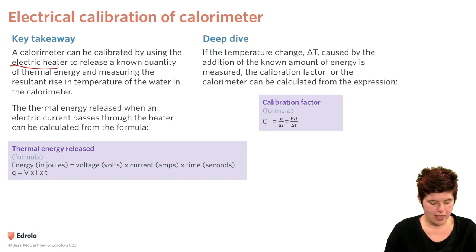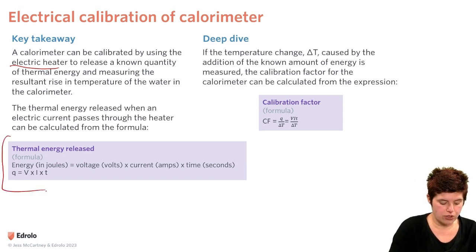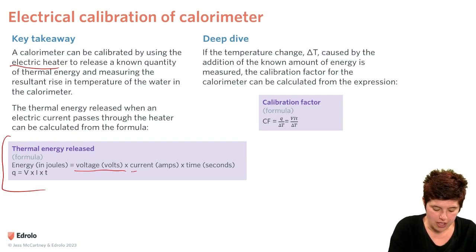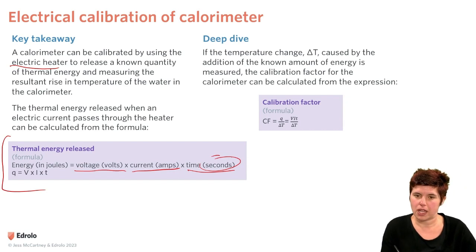This is the formula we're going to use. Energy in joules equals the voltage, which will be given in the question, or recorded if you're doing the experiment, times the current in amps, times the time, which needs to be in seconds. So be careful of your units here.